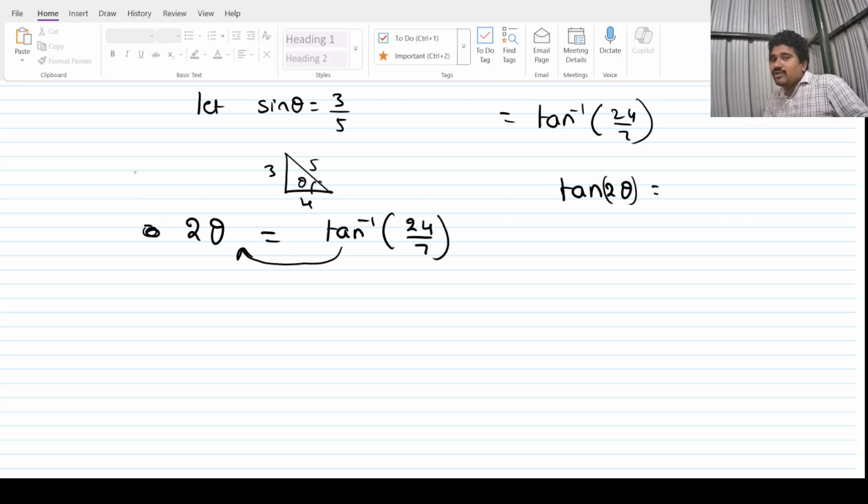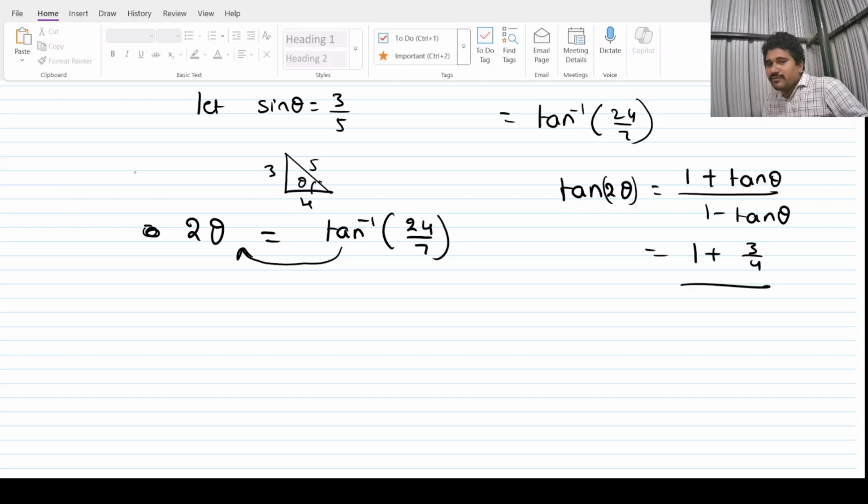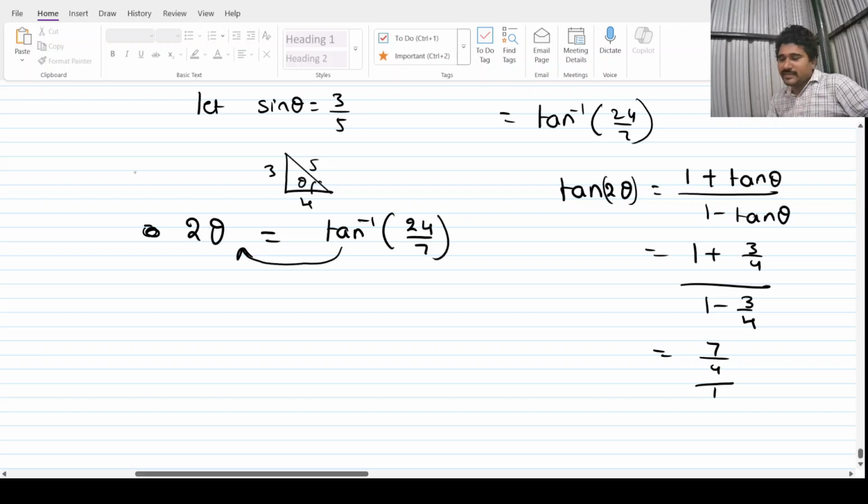What will you get, tan 2 theta means? 1 plus tan theta by 1 minus tan theta. 1 plus tan theta is how much? 3 by 4. 1 minus tan theta is how much? 7 by 4 by 4 minus 3 is how much? 1. Correct?